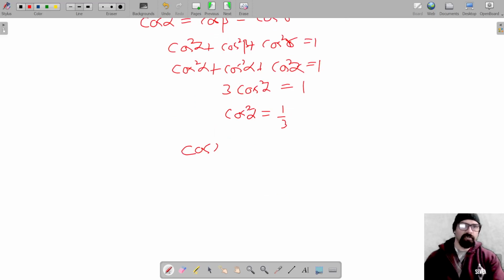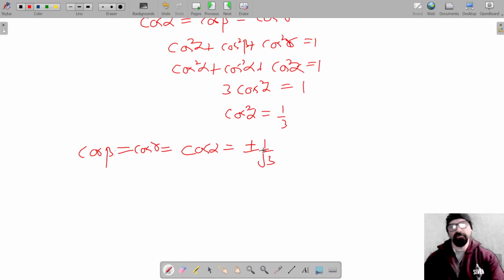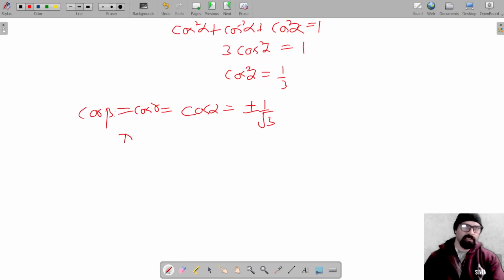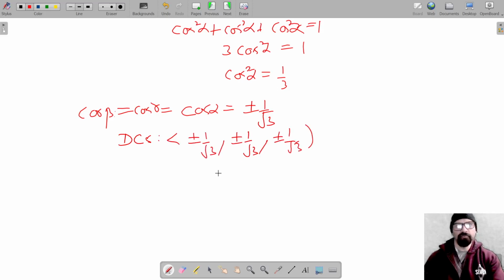So cos alpha is equal to plus minus 1 by root 3. This is also cos beta and cos gamma, because the angles are equal, so the direction cosines are plus minus 1 by root 3, plus minus 1 by root 3 and plus minus 1 by root 3.